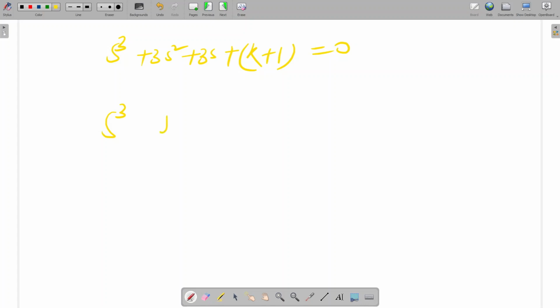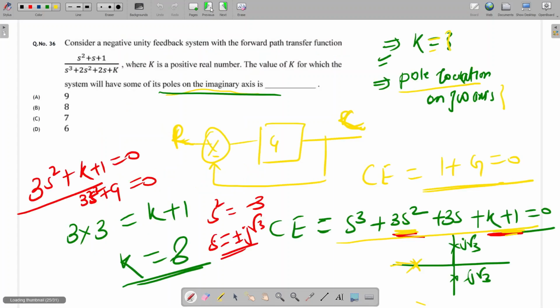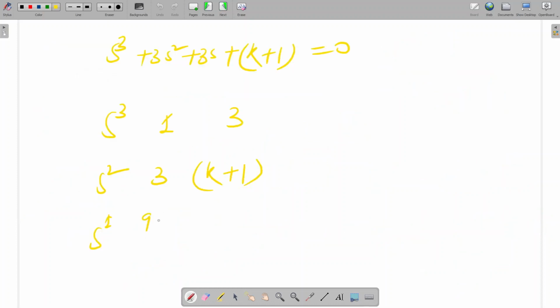For s³, the coefficients are 1 and 3. For s², what is the coefficient? 3 and k + 1, correct? So for s¹, what will be this value? 9, correct? For s³ + 3s² + 3s + k + 1, it is (9 - (k + 1)) divided by 3.